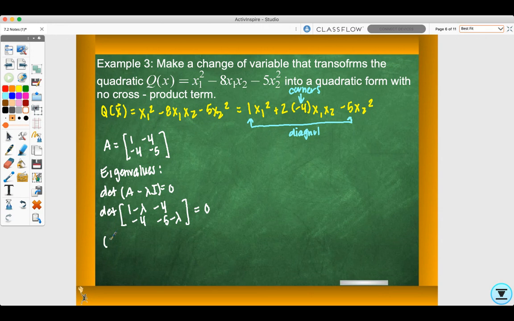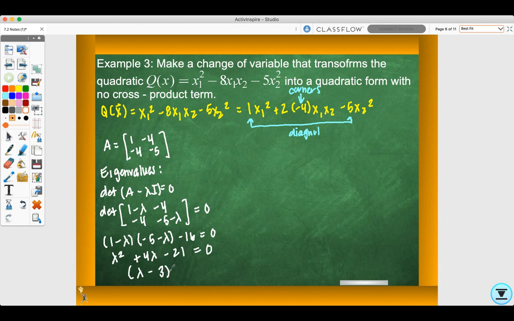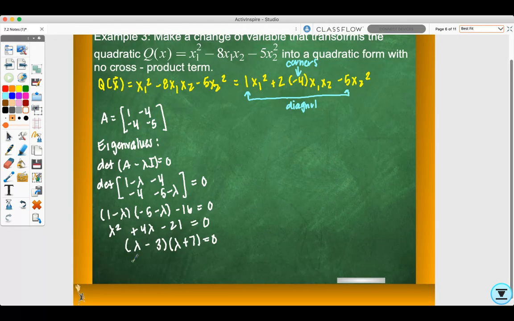So I'd have 1 minus lambda times negative 5 minus lambda minus 16 equals 0. When I multiply this out, I get lambda squared plus 4 lambda minus 21 equals 0. Lambda minus 3 times lambda plus 7 equals 0. So my lambdas are 3 and negative 7.